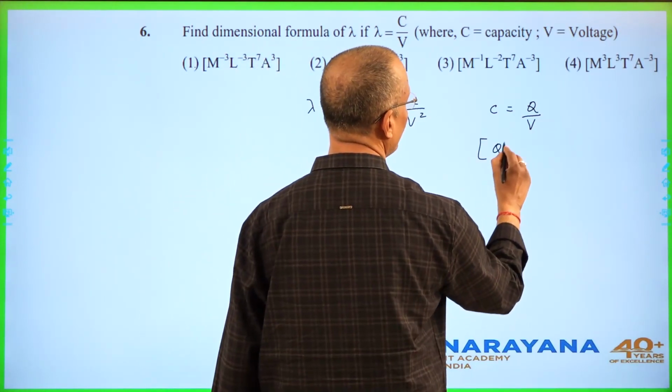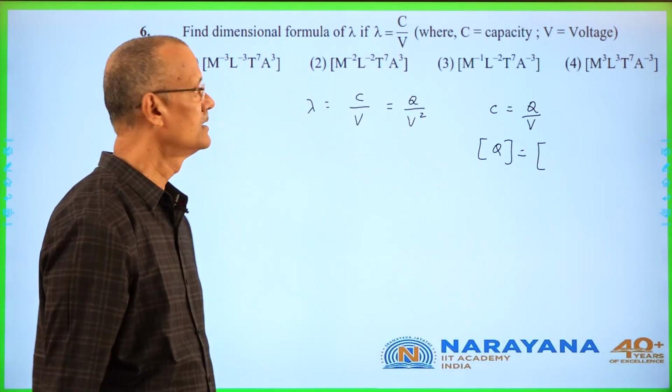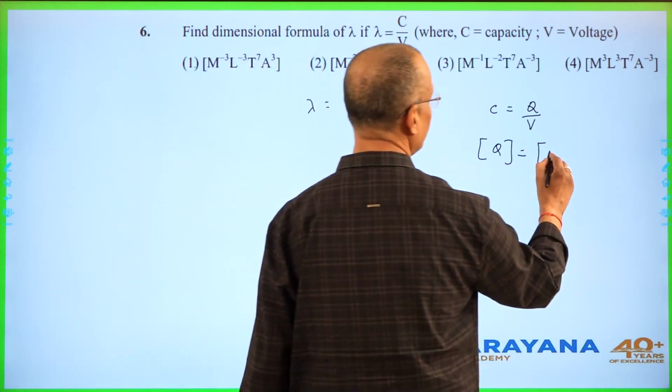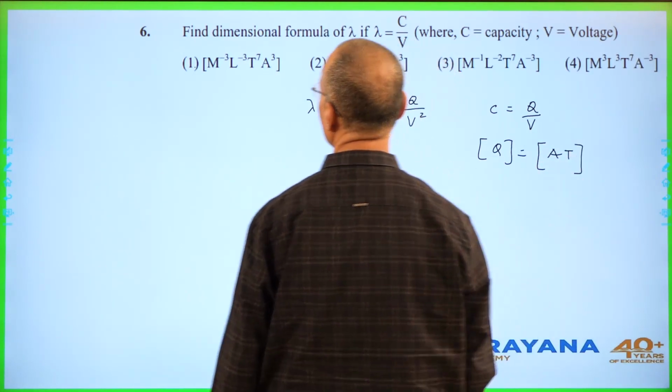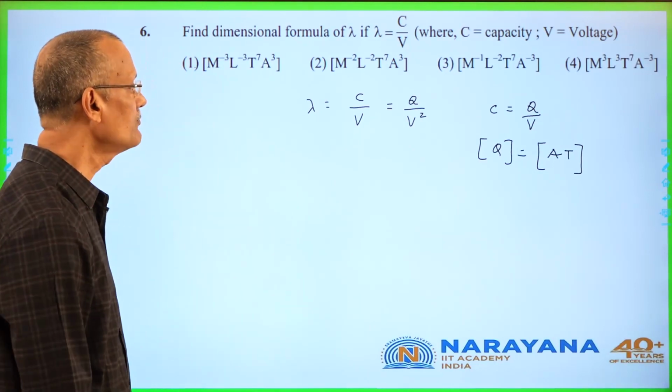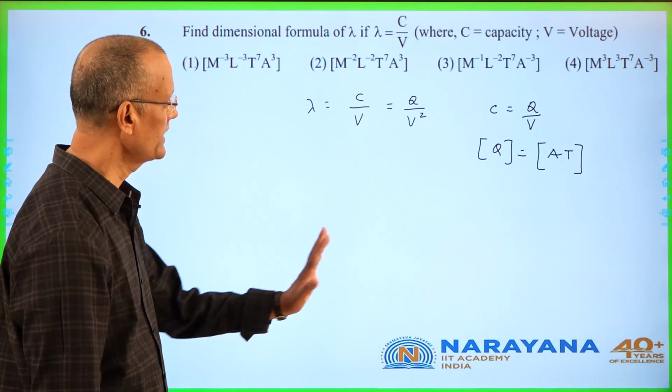Dimensional formula for Q is current into time, I means here they have taken A into T, clear to you. And voltage is work done per unit charge.